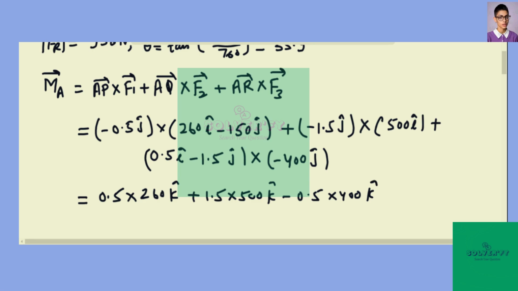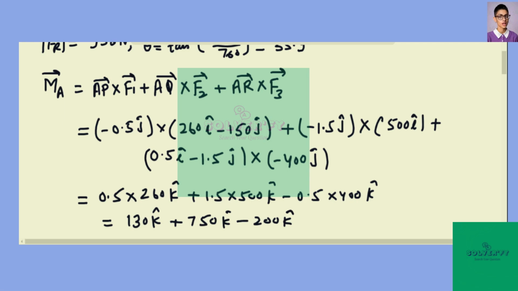So on simplifying, this becomes 130 Newton meter k cap, plus 750 Newton meter k cap, minus 200 Newton meter k cap.